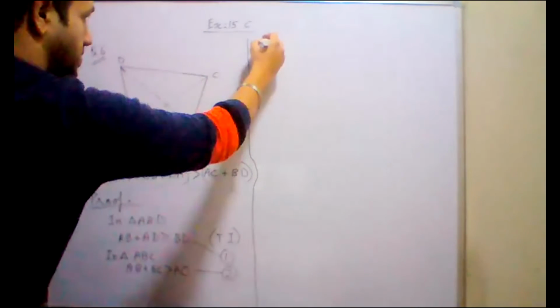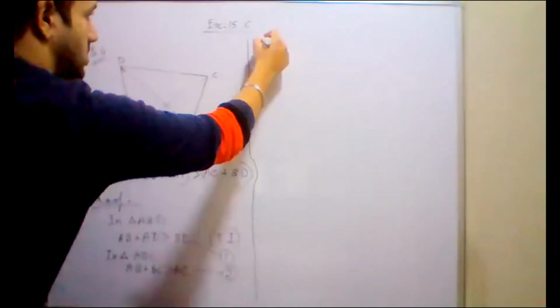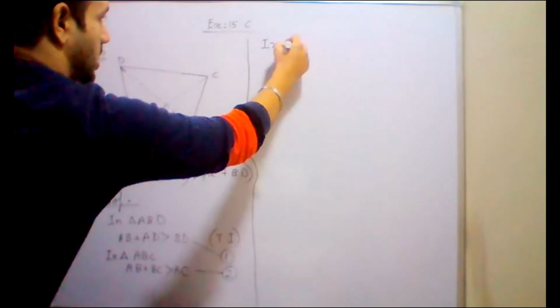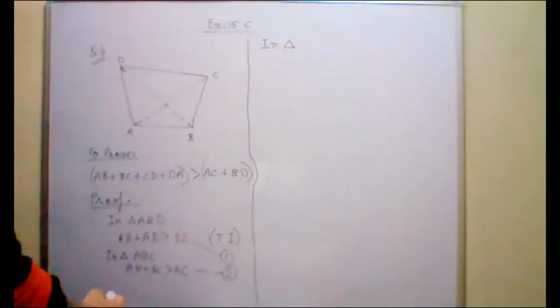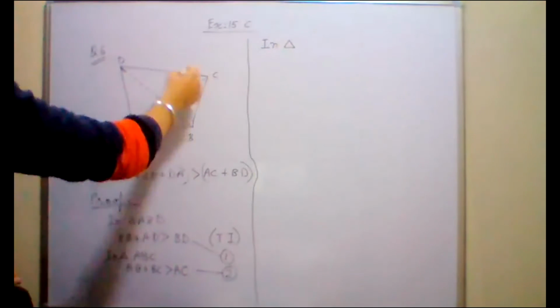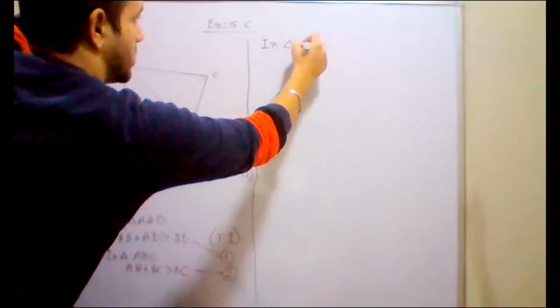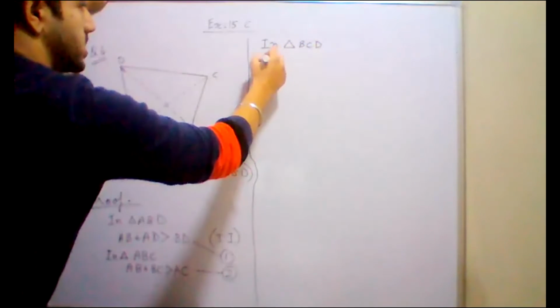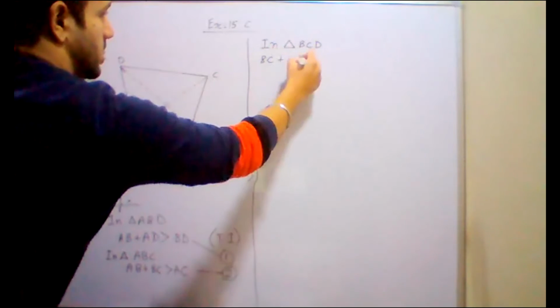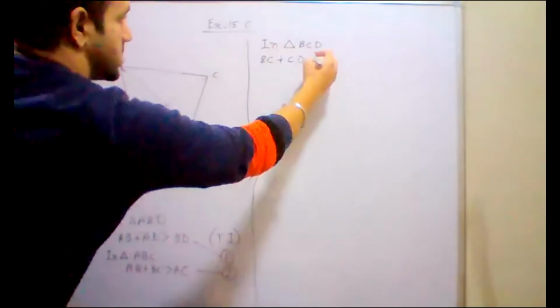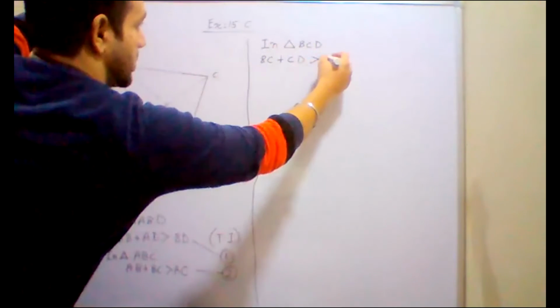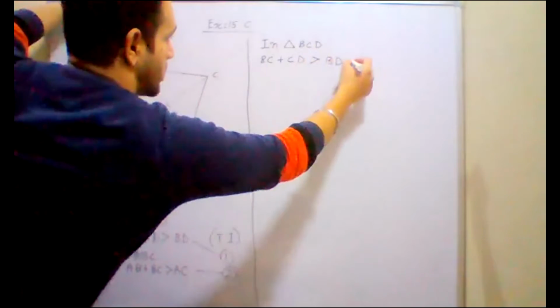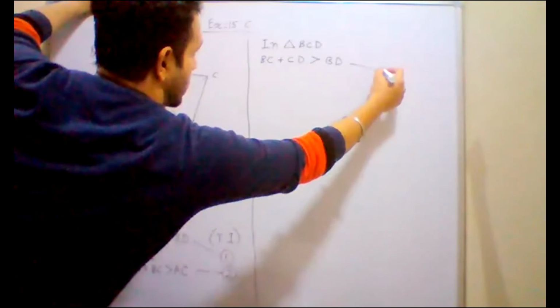Next, in triangle BCD, the sum of BC and CD is greater than BD. Third inequality.